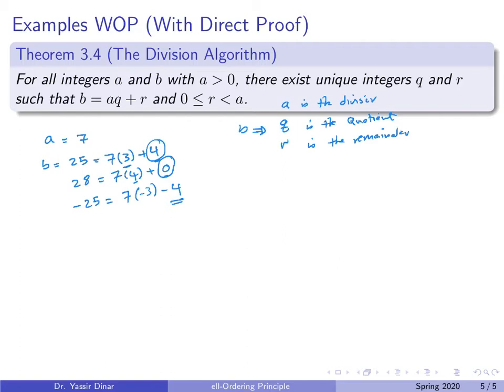It tells me that the remainder always has to be nonnegative, and to do that, I have to write it in a different way. It will be 7 multiplied by minus 4, which gives me minus 28, and then I add 3. This 3 is the remainder of dividing minus 25 by 7, and minus 4 is the quotient.